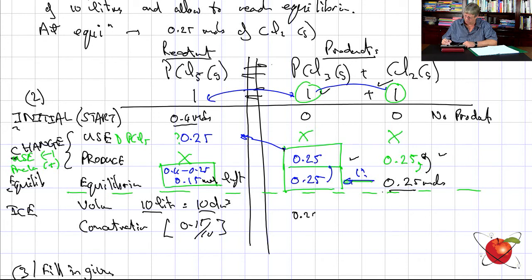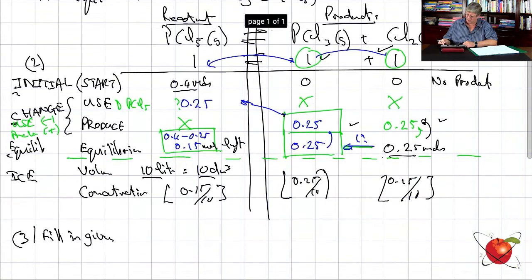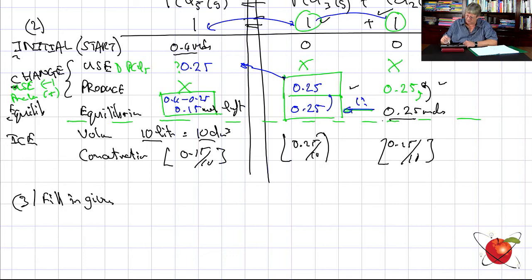And over here, 0.25 over 10, and here, 0.25 over 10. Let's go and calculate what Kc is now. Over here, Kc, always write down the mass action expression.